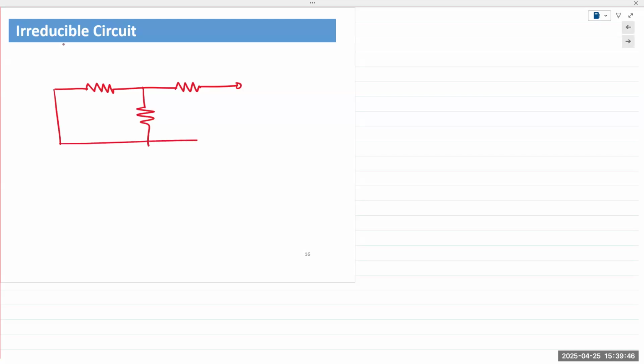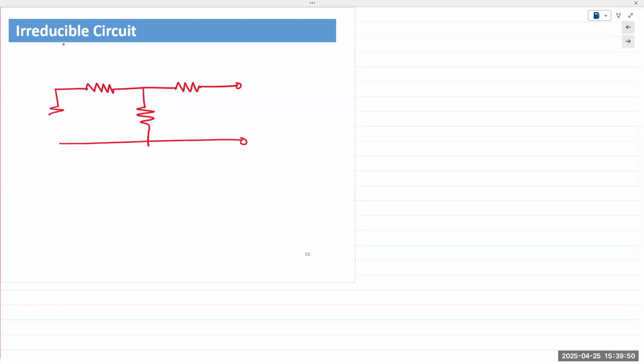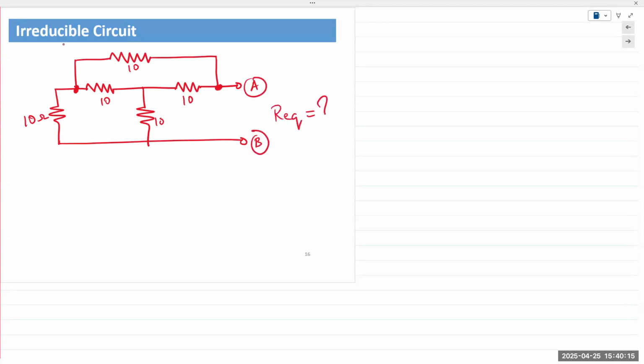And to keep things simple, we'll just choose all of them to be like 10 ohms. 10, 10, 10, 10, and 10. And A, B. What is REQ between A and B?